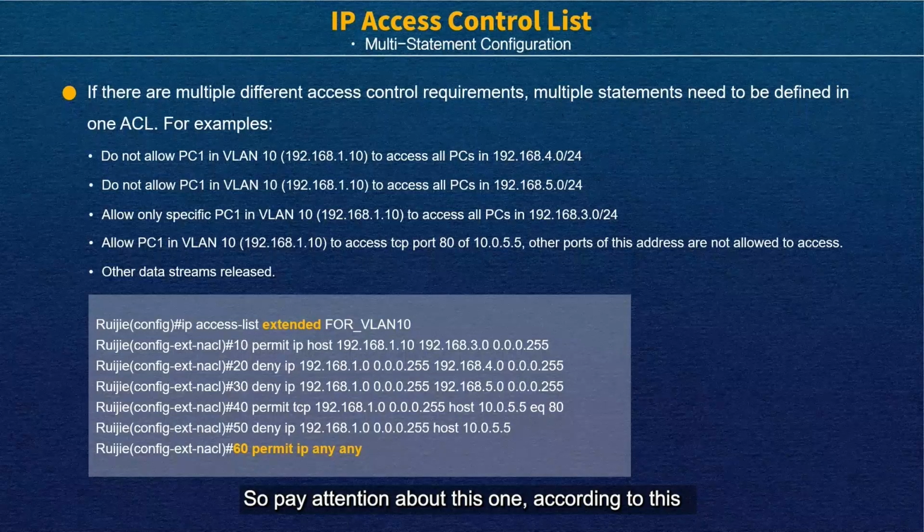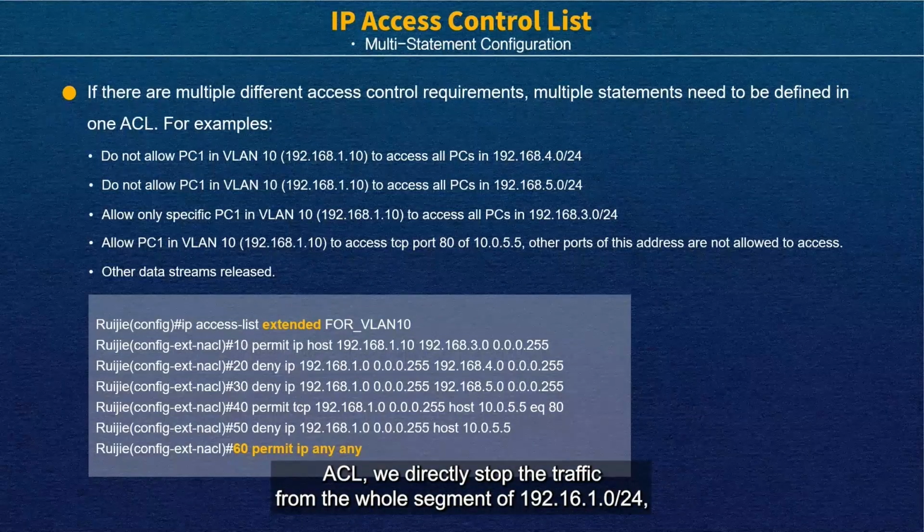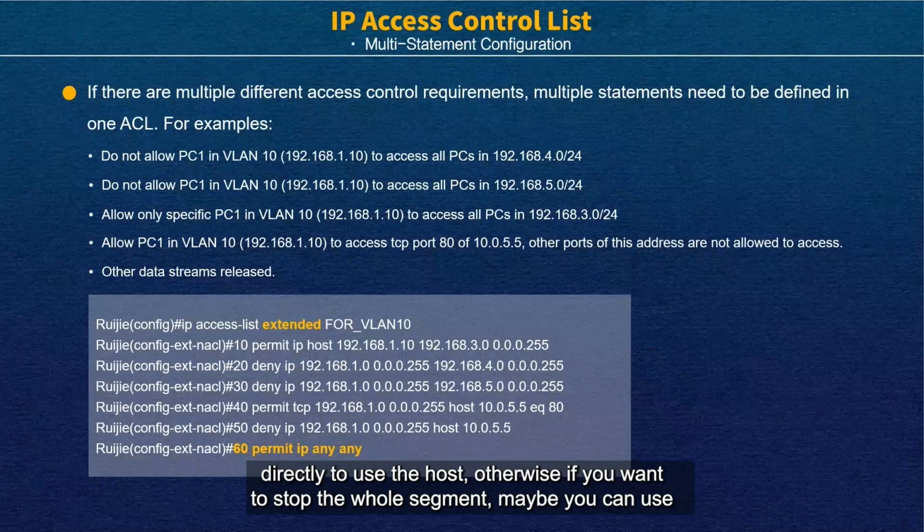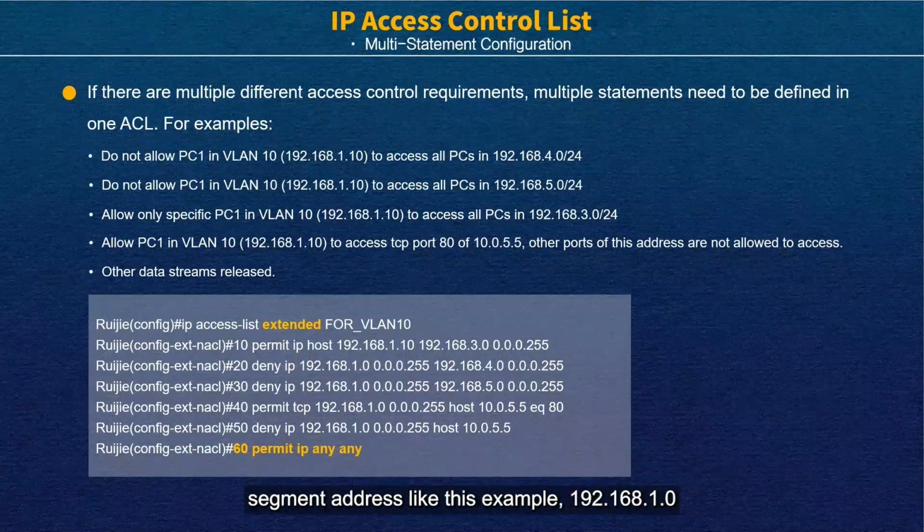According to this ACL, we directly stop the traffic from the whole segment 192.168.1.0/24. If your requirement is that only one PC cannot reach the destination, you can directly use the host. Otherwise, if you want to stop the whole segment, you can use a sequence number like this example.